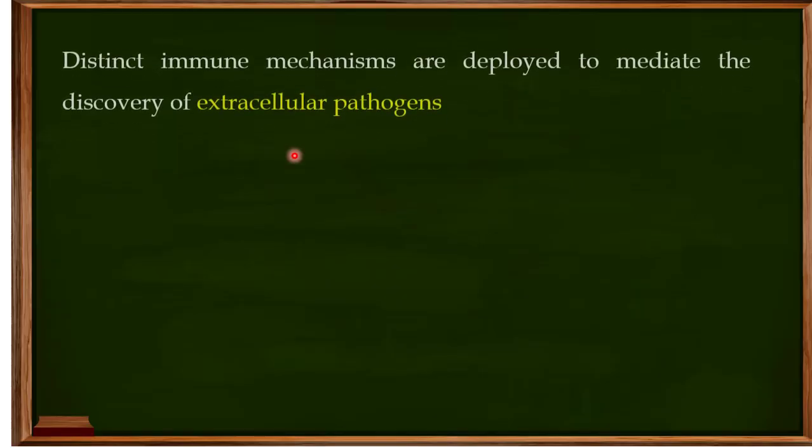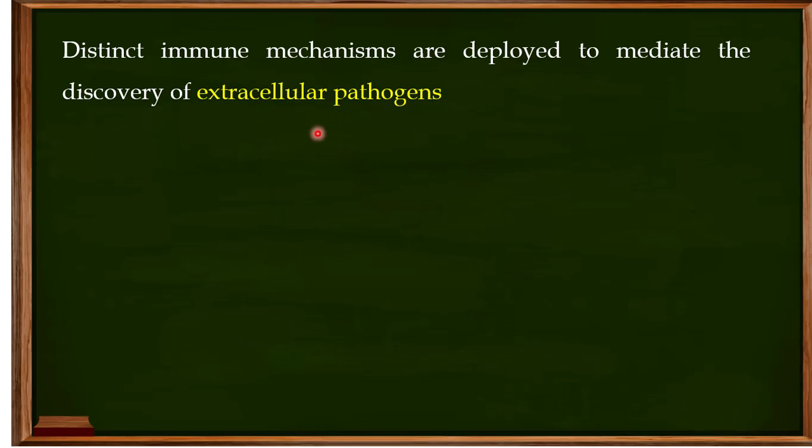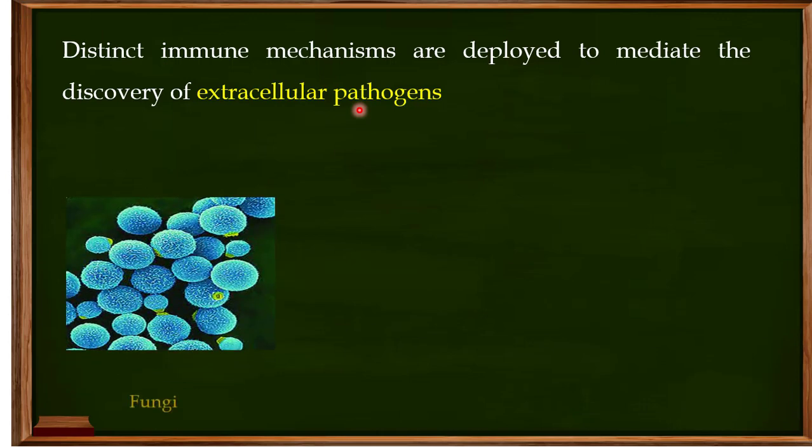Now, in this video, I want to focus on the extracellular pathogens, because there are a variety of extracellular pathogens that infect living organisms, say, human beings. If I give you some important examples, fungi would be an important extracellular pathogen.